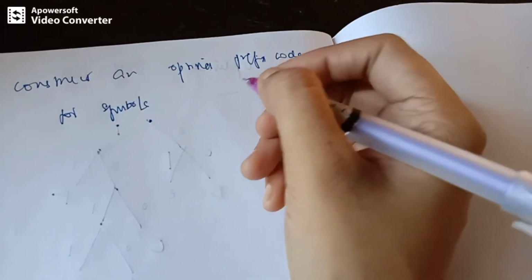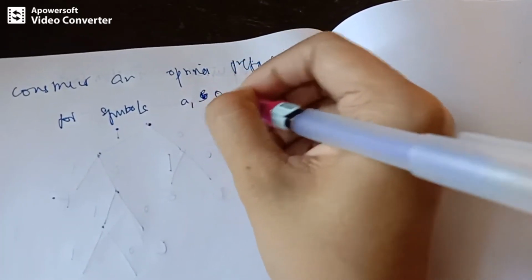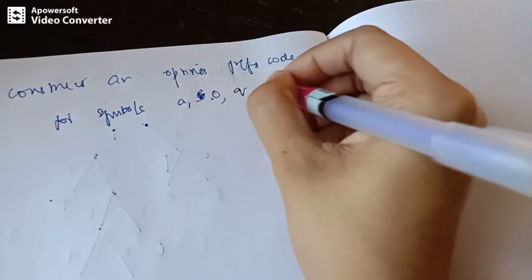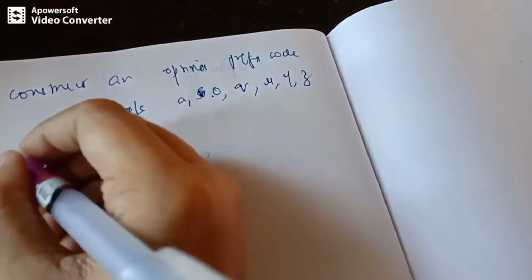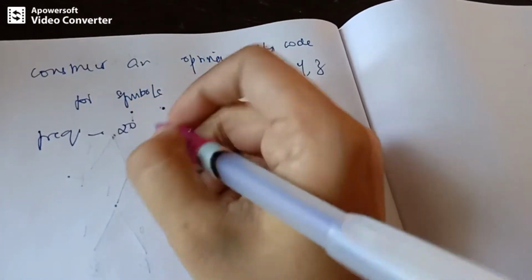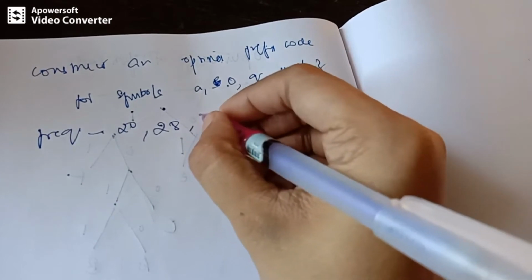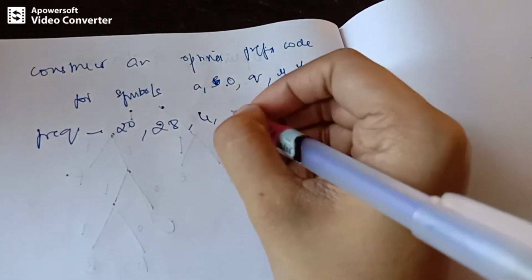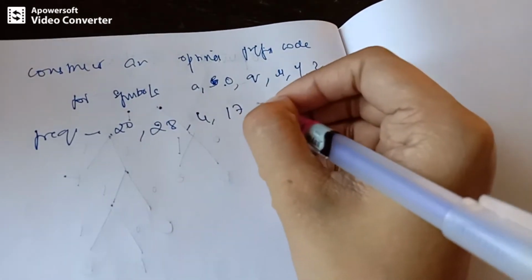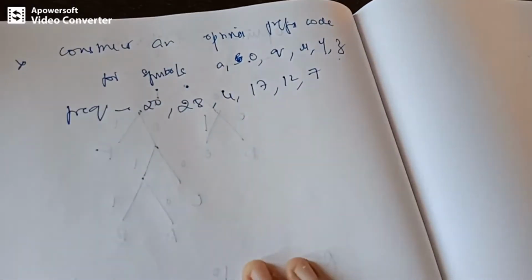Here they will be giving the frequencies: A, O, Q, U, Y, Z occur with frequencies given. For A it is 20, for O it is 28, for Q it is 4, for U it is 17, for Y it is 12, and for Z it is 7, like that.